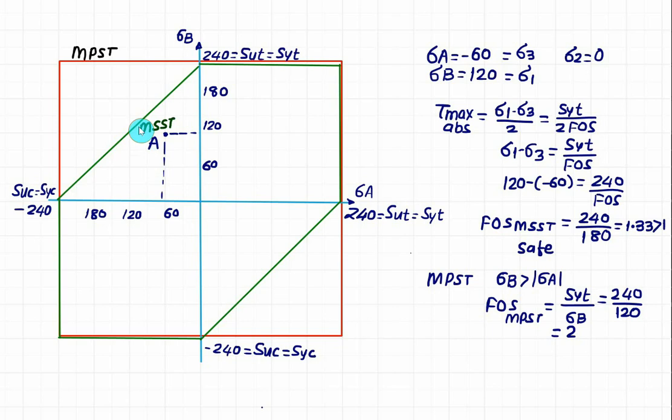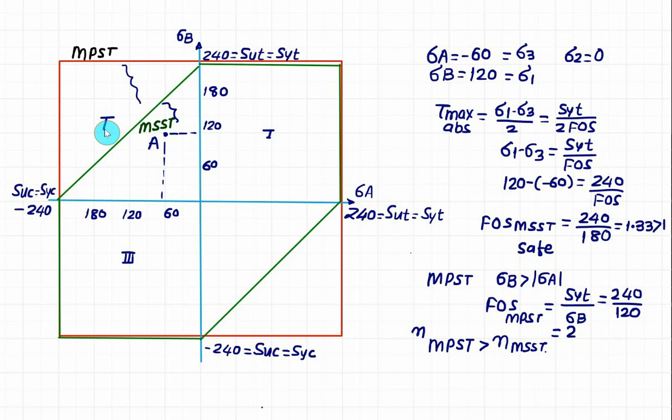If the point is lying inside the region, the maximum shear stress theory always gives the lower value of factor of safety, because this distance is smaller compared to this distance if I join the load line with the origin. So the factor of safety in the case of maximum principal stress theory is greater than in the case of MSST. But in this region they are one and the same value. So in quadrant 1 and quadrant 3 you will get the same factor of safety because the fence is the same.